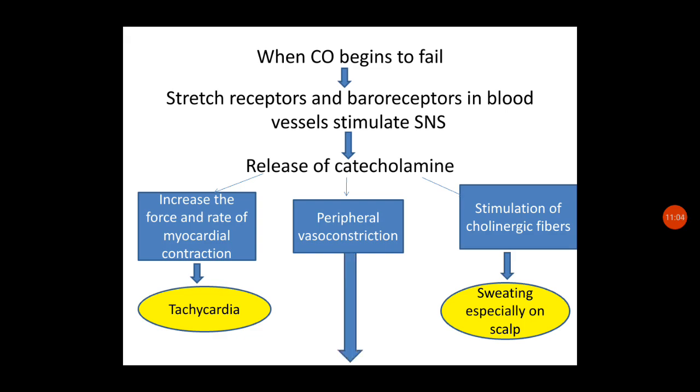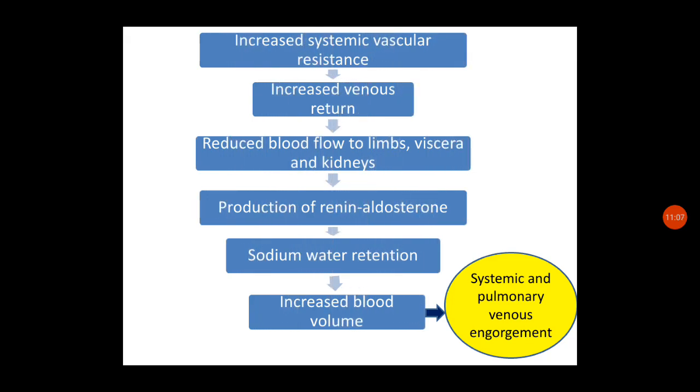So there is increased systemic vascular resistance and increased venous return to compensate the output, with reduced blood flow to the limbs, viscera and kidneys. Blood is diverted to vital organs, and the limbs, viscera and kidneys lack much blood.